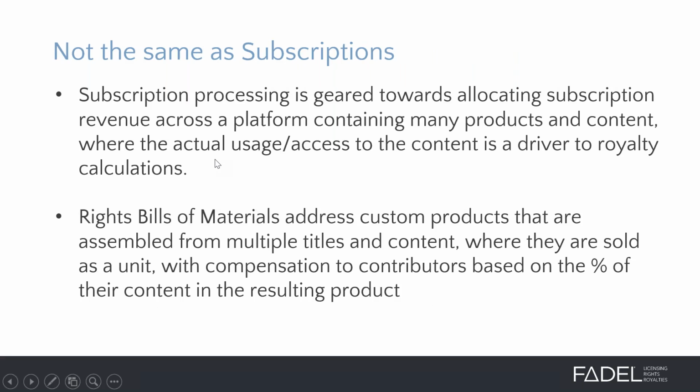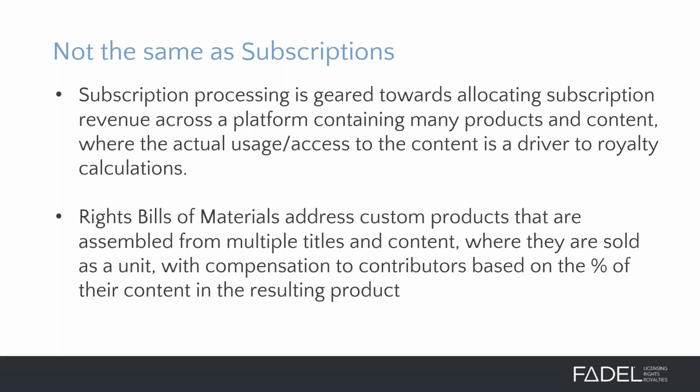So now I want to be clear. In the last session, we had a discussion about subscriptions and subscription royalty processing and compensating authors for their contributions to subscription platforms. This is not the same. Subscription processing is more about allocating your subscription revenue across a platform containing many products and content, where usage is the driver for royalty.